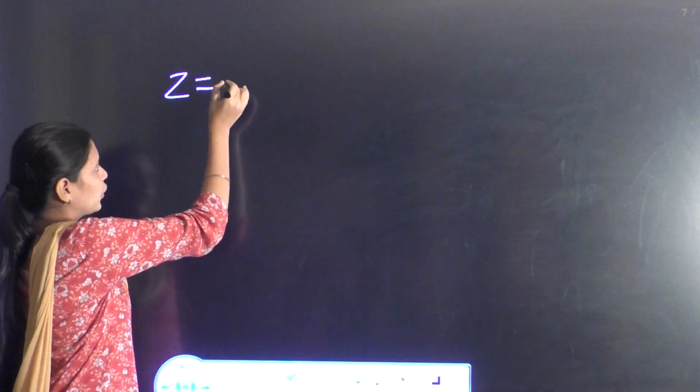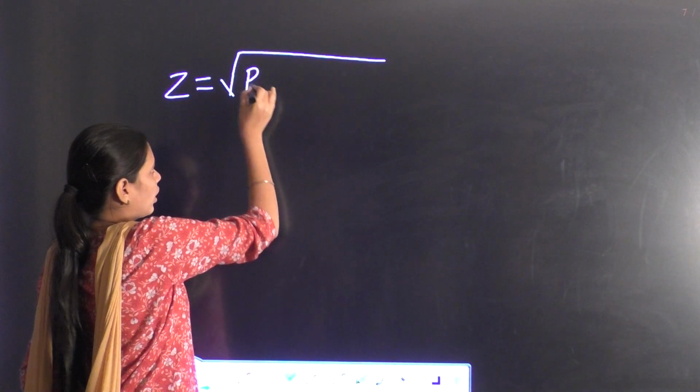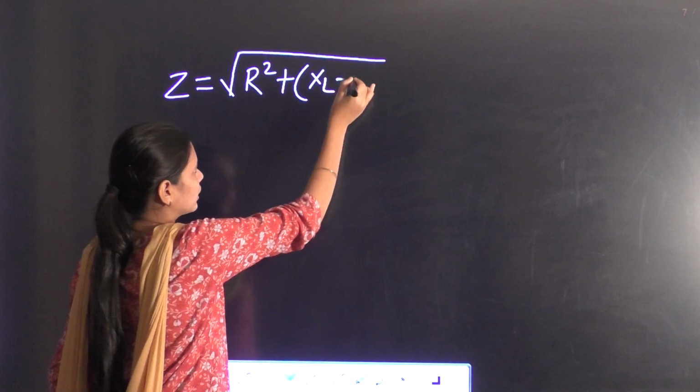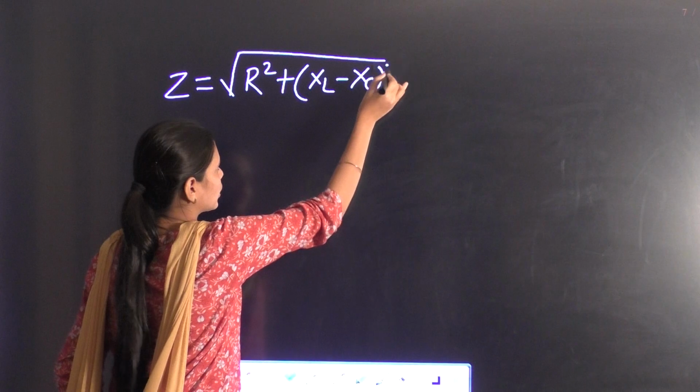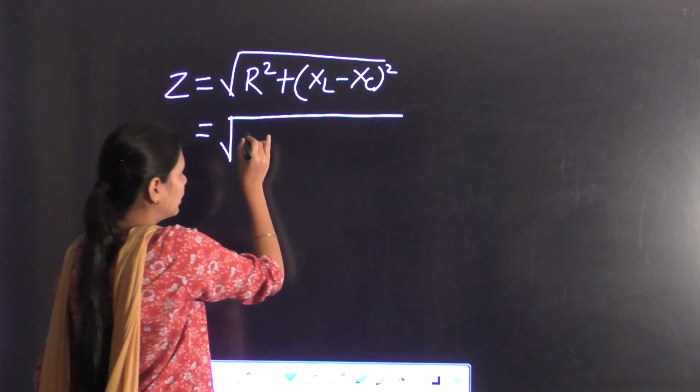As I have already told, Z is the root over of R square plus XL minus XC whole square. I know the value of R, that is 10.